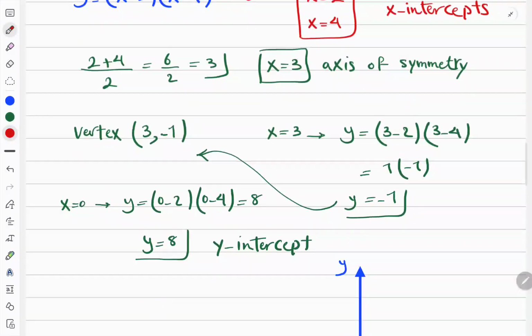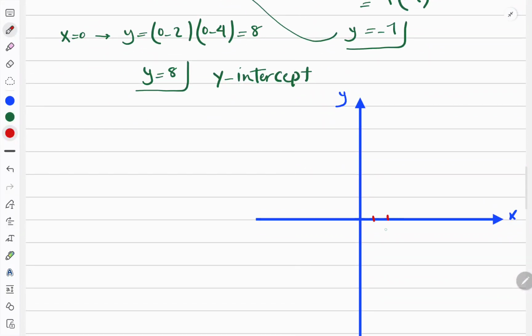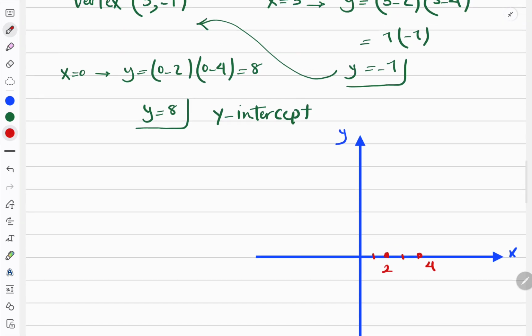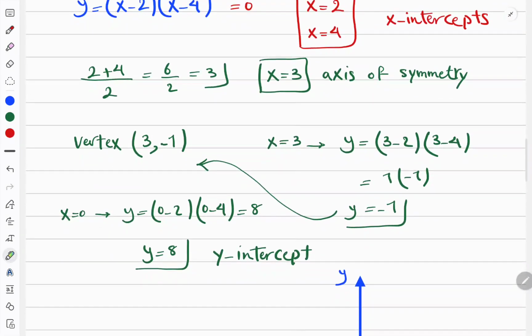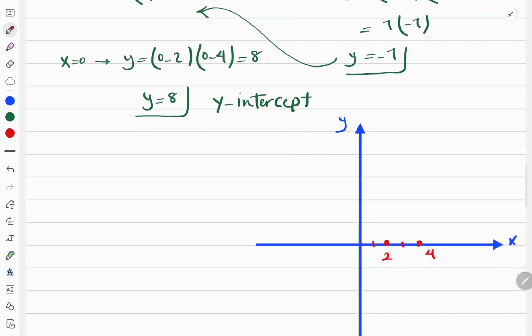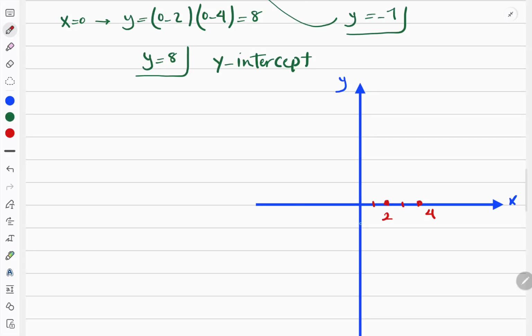Okay, x-intercepts are 2 and 4. So we have these 2 points lie on the x-axis, and after that we have the vertex 3 and negative 1, which is here, and the y-intercept, a point on the y-axis, is 8. 1, 2, 3, 4, 5, 6, 7, and 8.